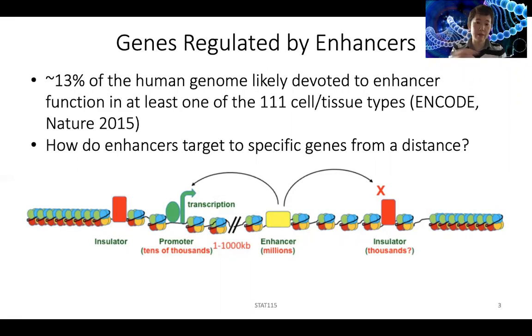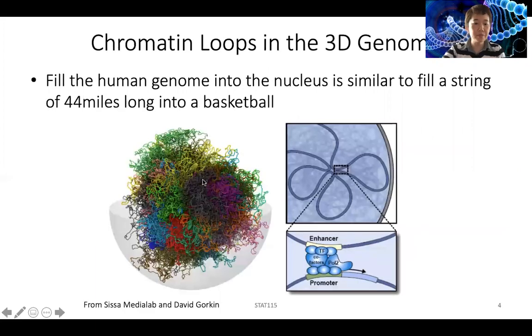This got people interested in how chromatin loops and interacts in order to start gene expression. If we look at chromatin in a cell, we know that the DNA, or the chromatin, is packaged into the nucleus, and the DNA is actually very, very long, and there are interactions that happen in the local structure here.